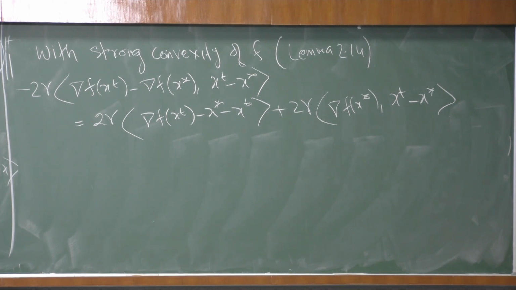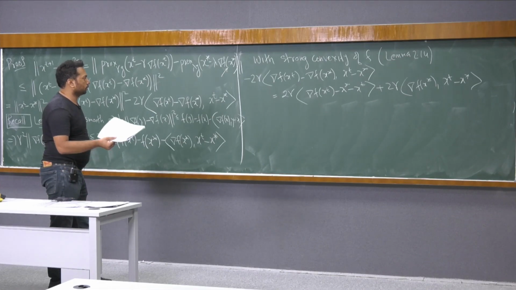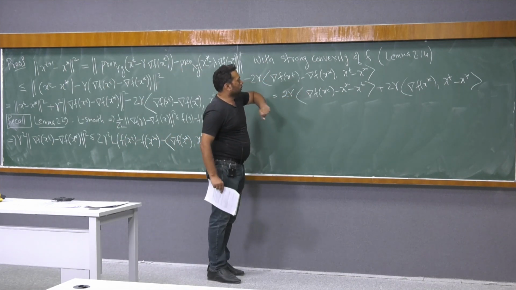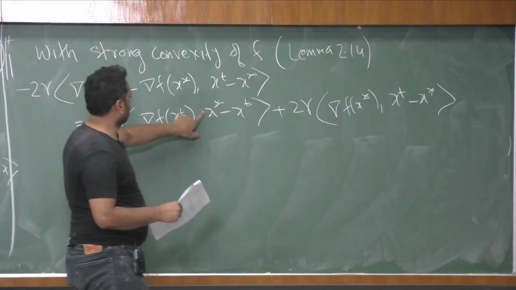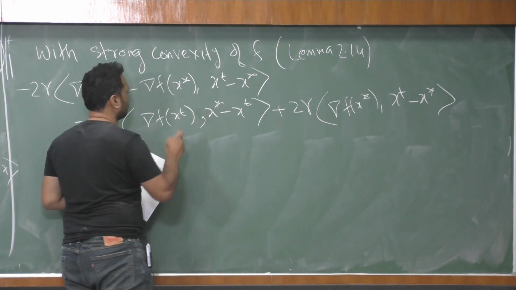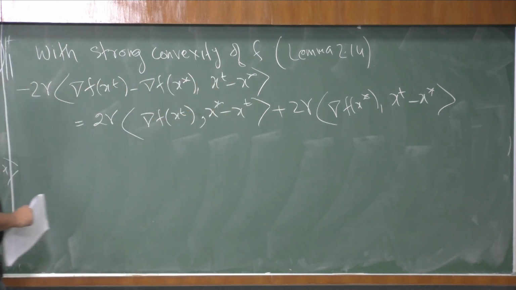As you can see, what I have done is I just expanded this term. I have made some mistake here, it should be a comma here, right? So I split this with this, and then this with this again. It's just an equality now, and we will use strong convexity now.